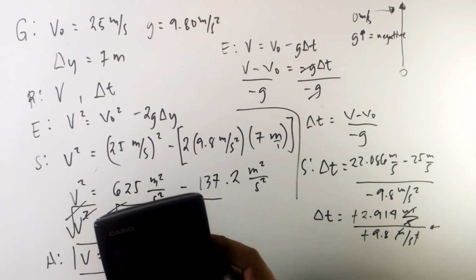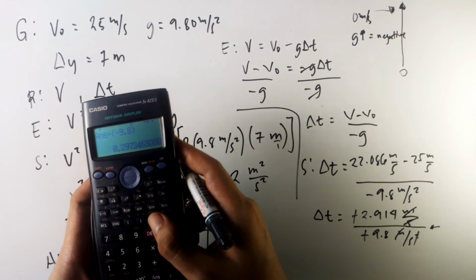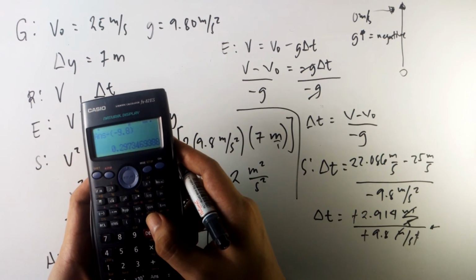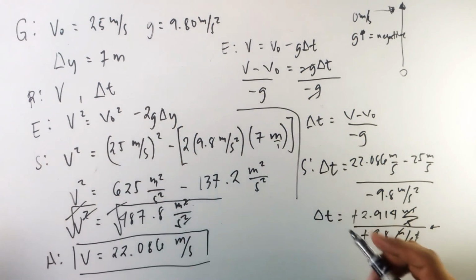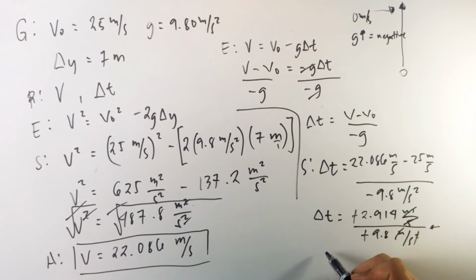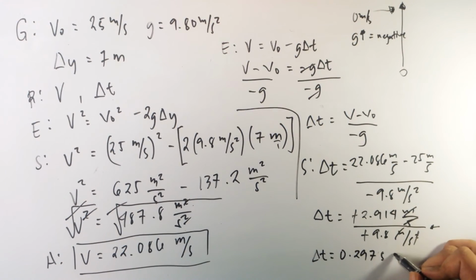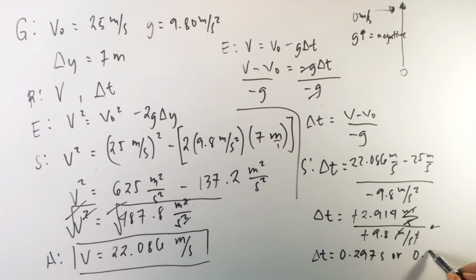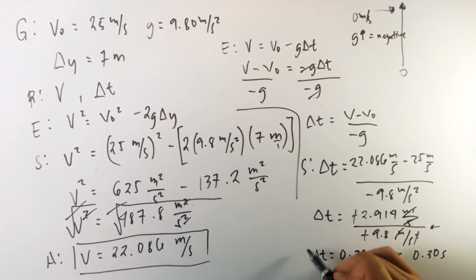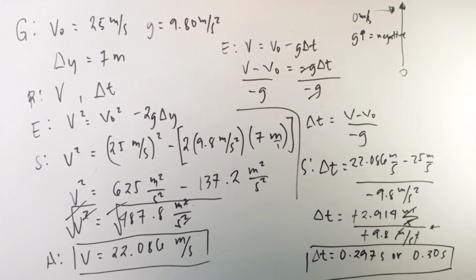What's our answer here? That's 0.297, or 0.3. Note this is in seconds. Rounding off to the hundredths place, this is 9, so rounding off gives 0.3. Either of these is correct.